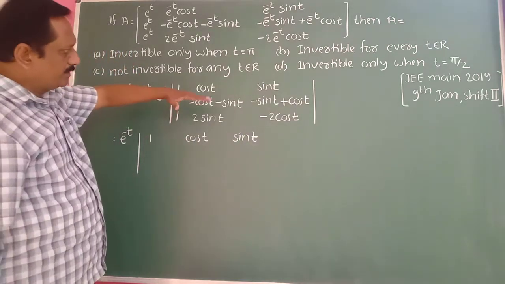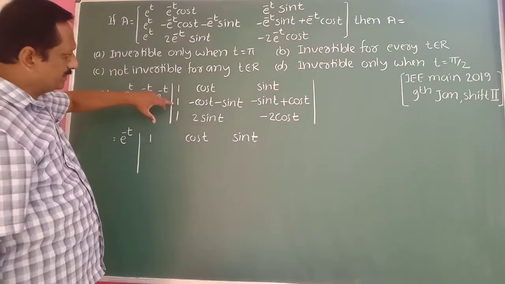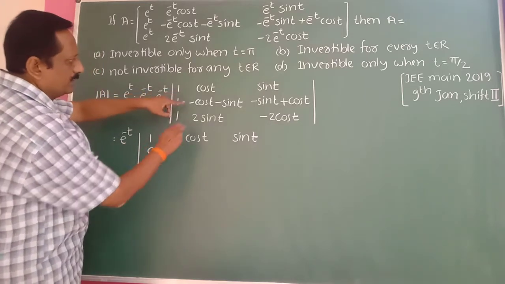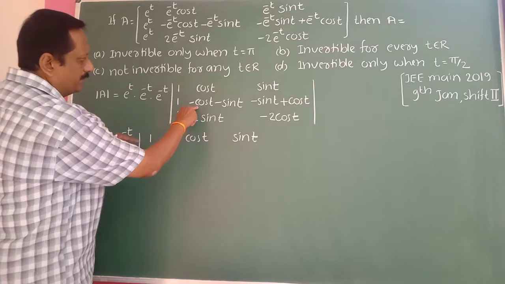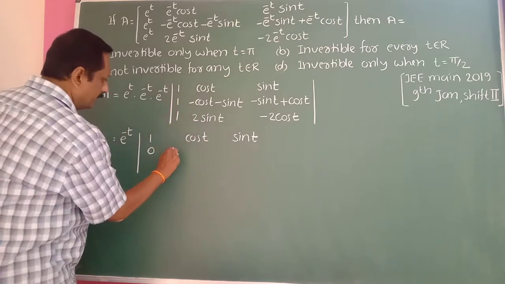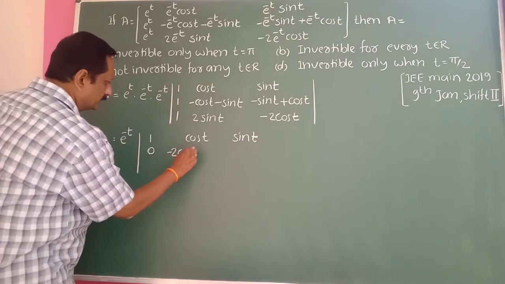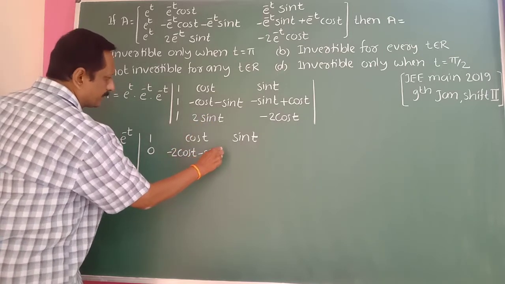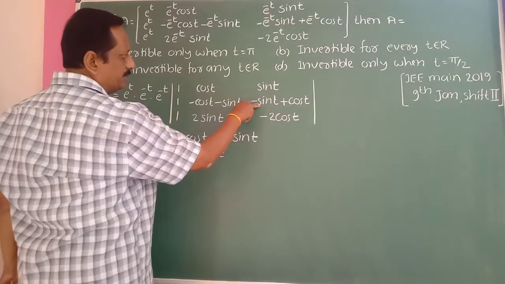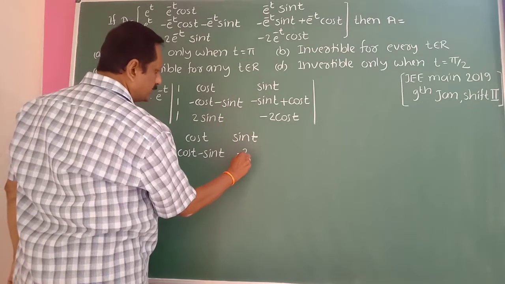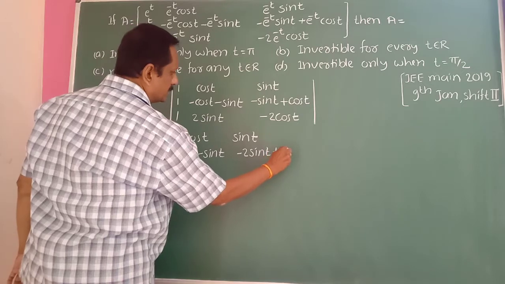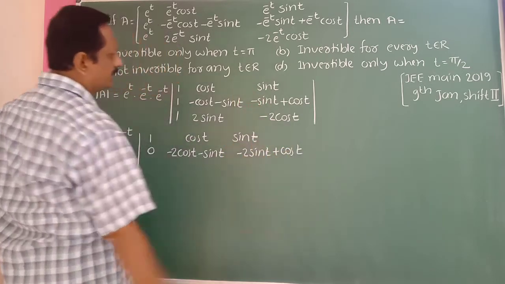Then R2 minus R1, to make these two terms 0. 1 minus 1 becomes 0. This minus this is minus cos t minus cos t, then minus 2 cos t minus sin t. Then this minus this, minus 2 sin t plus cos t.